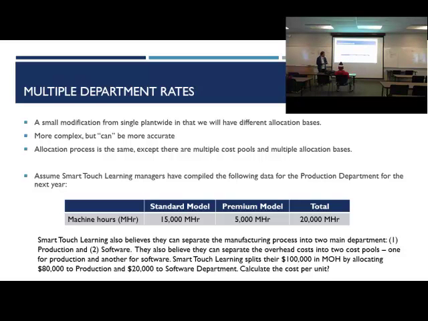Smart Touch Learning also believes they can separate the manufacturing process into two main departments, production and software. Now, let's stop here for a second. Production versus software. What's going to be the difference as far as machine hours and labor? Where would you expect more labor to be put versus more machine?